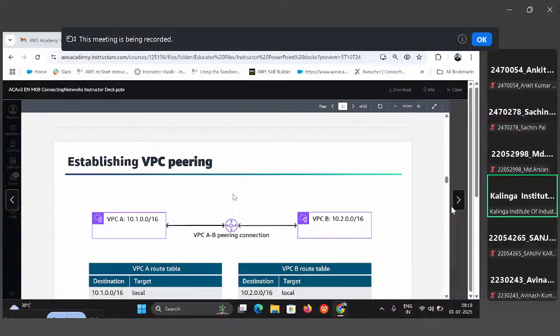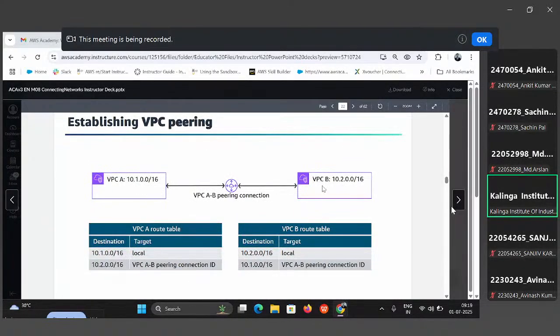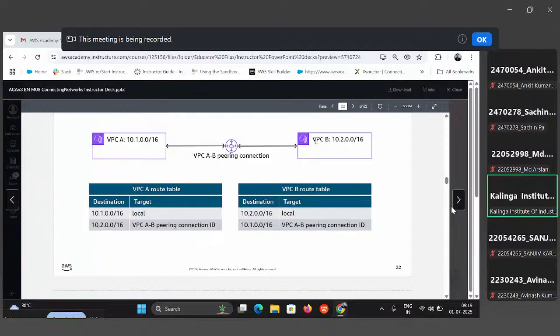Now, how do you establish VPC peering? Like you have VPC A and VPC B. There you can see the IPs, and we are connecting through the peering connection between A and B, right? And there you can see the VPC A route table, and then we have the VPC B route table. Accordingly, they have mentioned the local destination IP, and the target is local. Then 10.1.0.0/16 is for the VPC A-B peering connection ID.